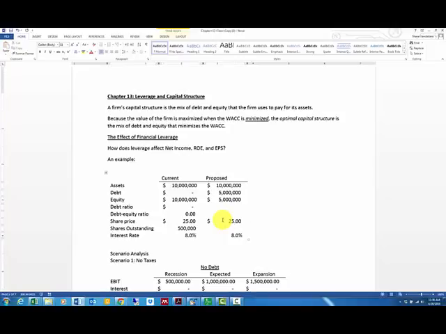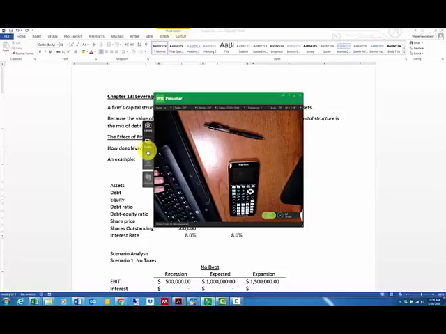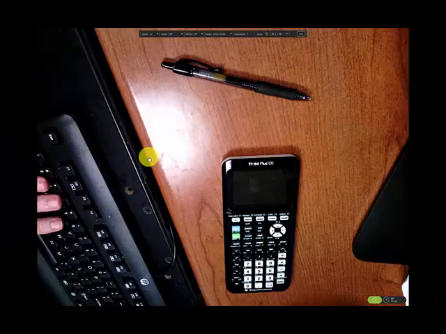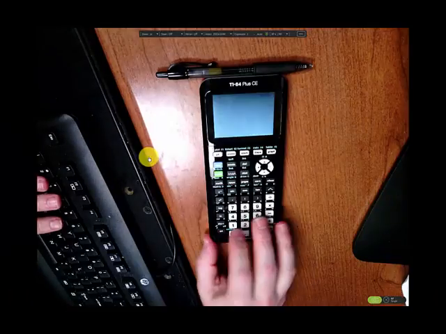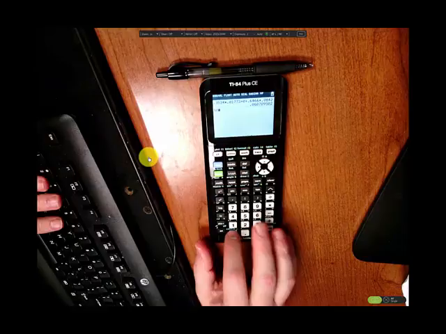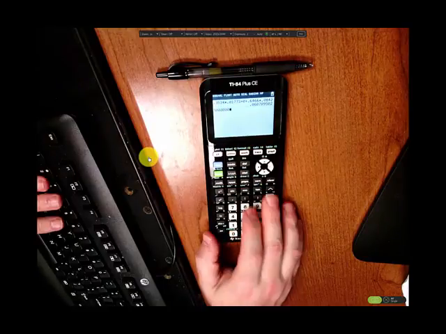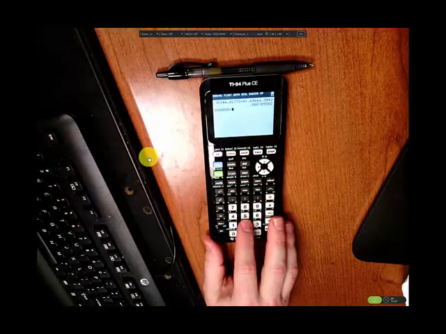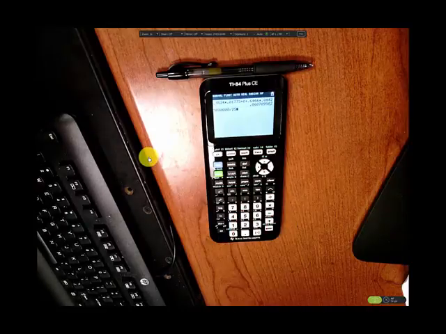So to do that, I'm going to switch over to the document camera here, and we're going to say we're taking out $5 million in debt, and we're going to repurchase stock with that, and the stock costs us $25 a share.